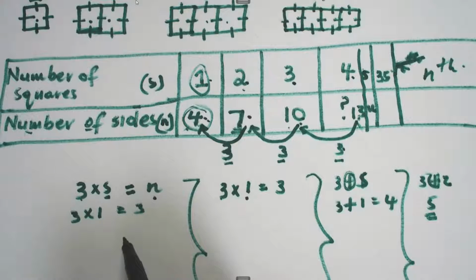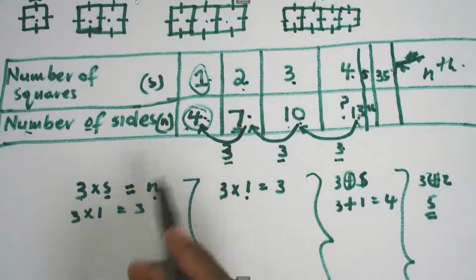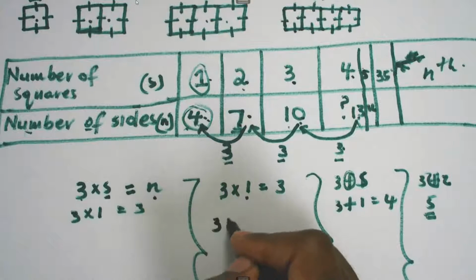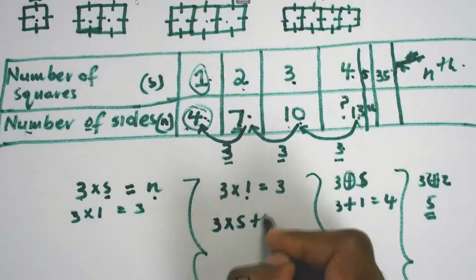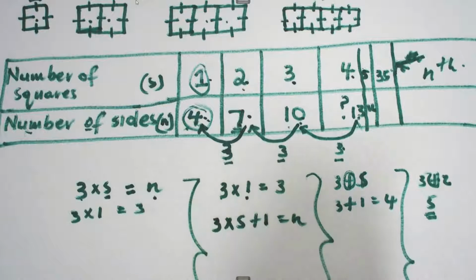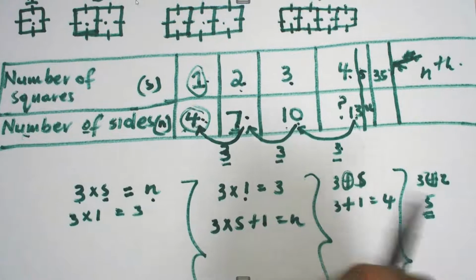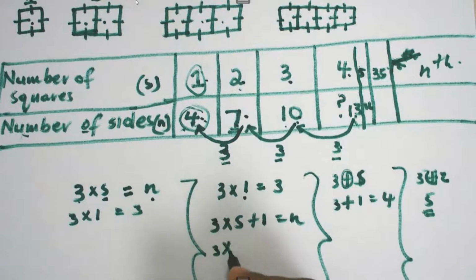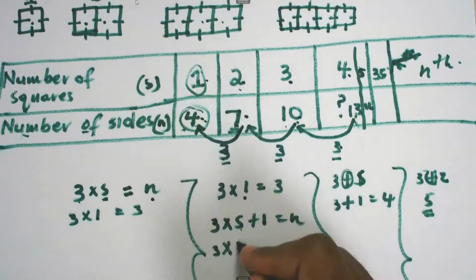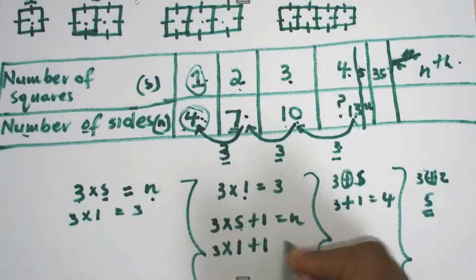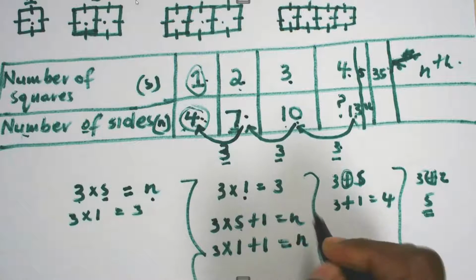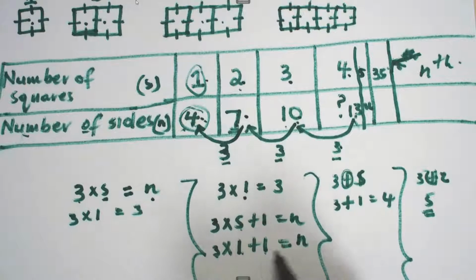By how much? By 1, to give us 4. So we can say 3 multiplied by S plus 1 equals N, and check if it is going to work. 3 multiplied by S, where S is 1 in the first one, plus 1. It's going to give us N. 3 multiplied by 1 is 3, plus 1 equals 4.